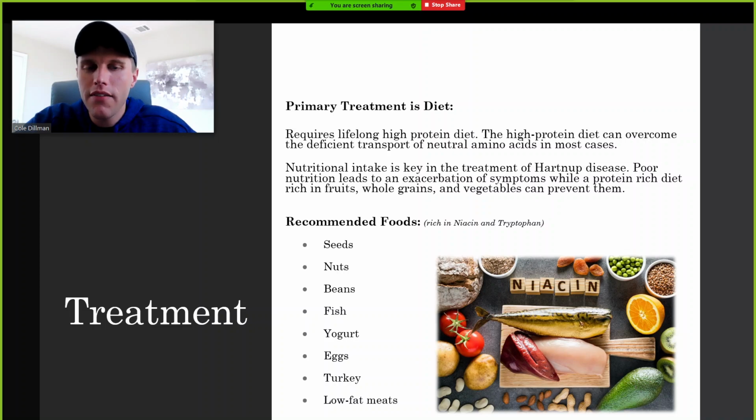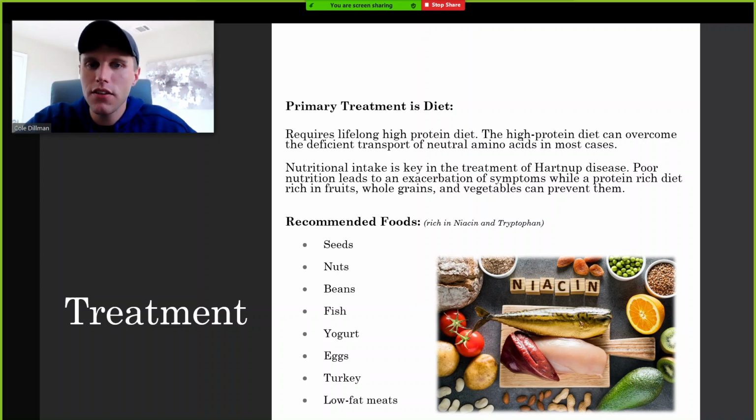So generally having a high protein diet can overcome the deficient neutral amino acids that our body needs, which is why I mentioned earlier that because here in the United States and in several other countries, we have such a high protein diet, it can often go undiagnosed.